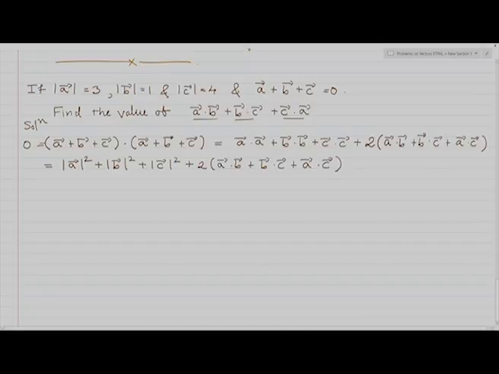Now, what are these terms? Magnitude of A is 3, so it is 9 plus magnitude of B is 1, so it will be 1 intact. C is 4, so it will be 16 plus 2 times A bar dot B bar plus the rest.